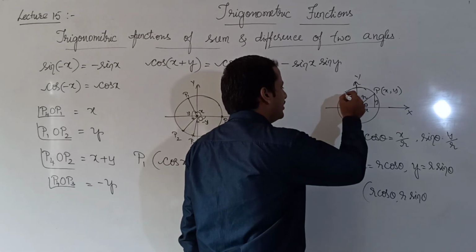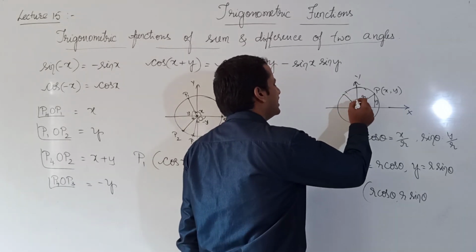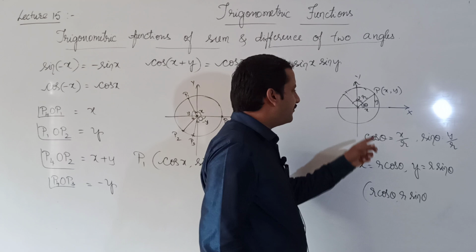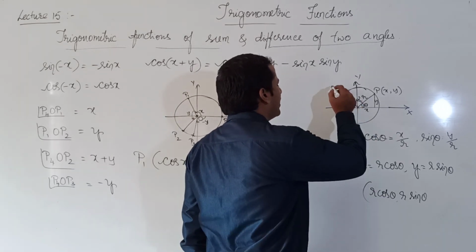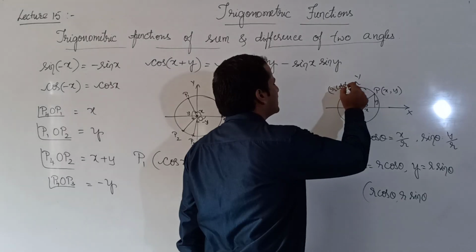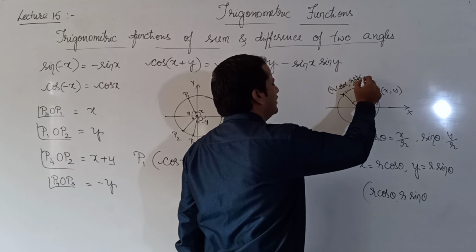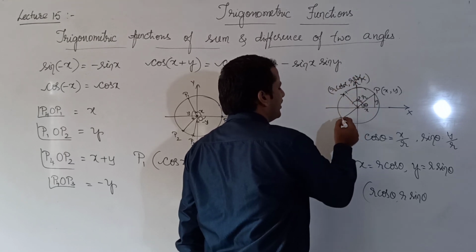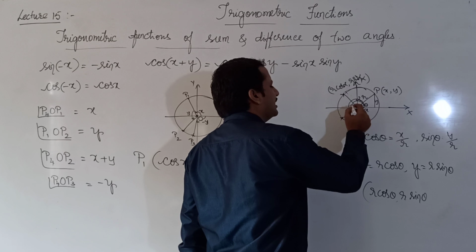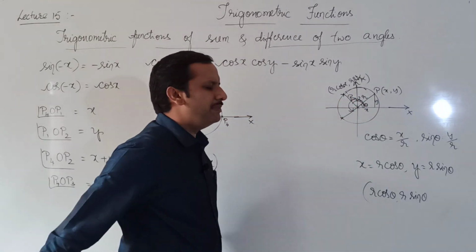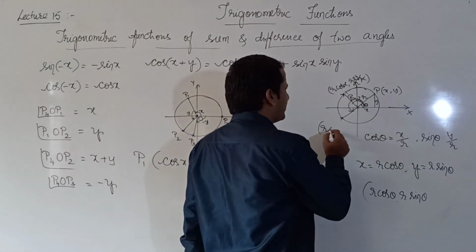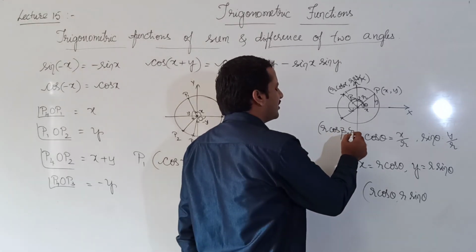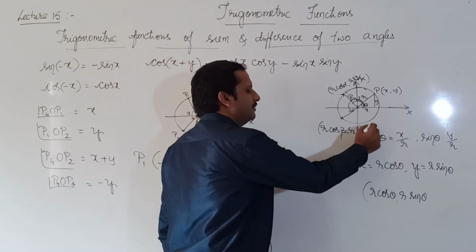Now this point is expressed as r cos theta, r sin theta. Let us say here you have another point and this angle is alpha. Then this point is represented as r cos alpha comma r sin alpha. If one more point you have here, let us say this total angle is beta, then this point is represented as r cos beta comma r sin beta.